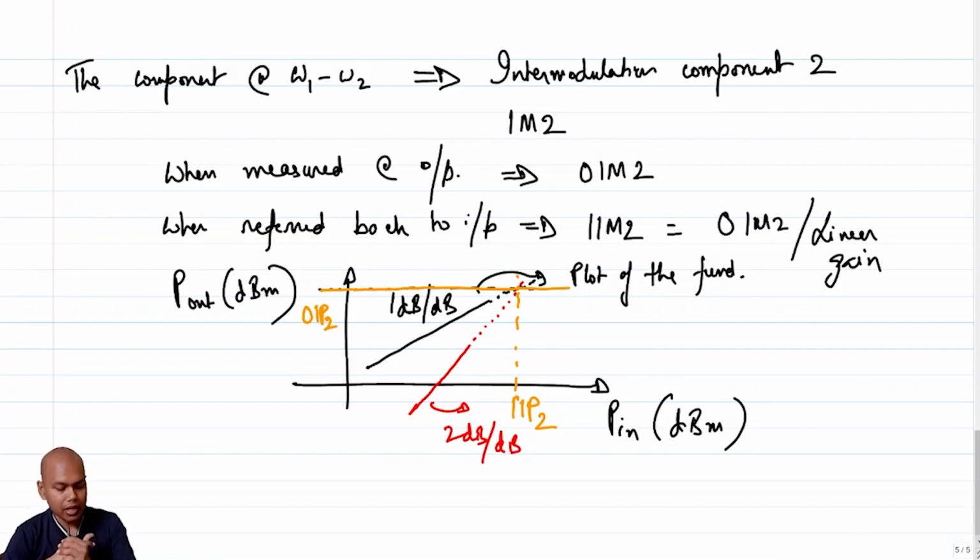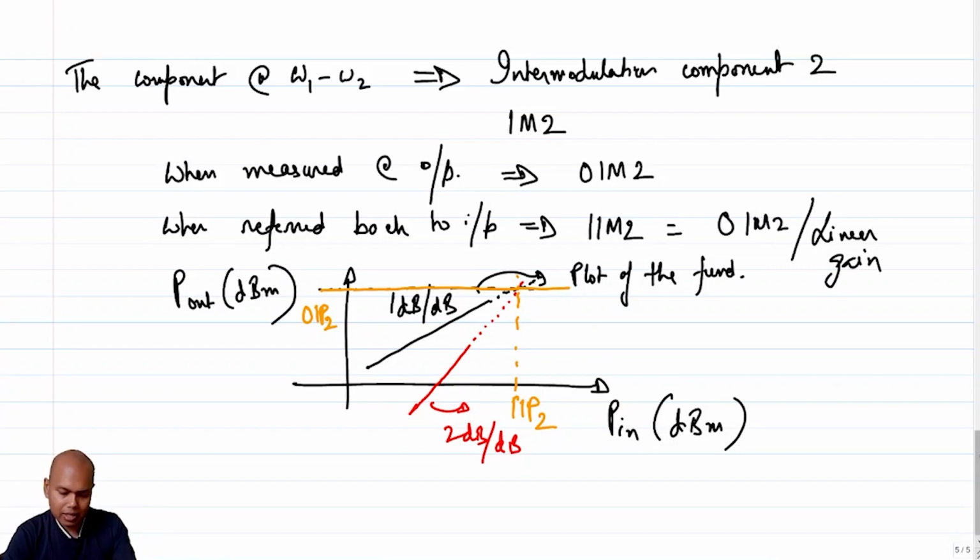Why am I saying extrapolated? Because when you do these simulations with actual circuits, they will not be limited to second order distortion. They will have all sorts of other distortion which will tend to dominate as you keep increasing the strength of the input, and then you will not get these nice straight lines.